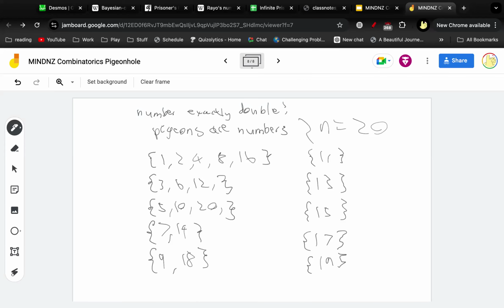If you multiply by three every time, 1, 3, 9, then you can only get three numbers before the chain breaks. But if you're multiplying by two every time, 1, 2, 4, 8, 16, you get five numbers before the chain has to break, and that's good. You want bigger pigeonholes, because that allows for fewer pigeonholes, which is good.